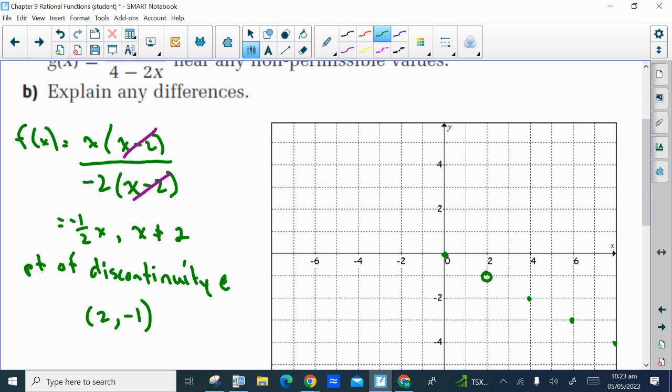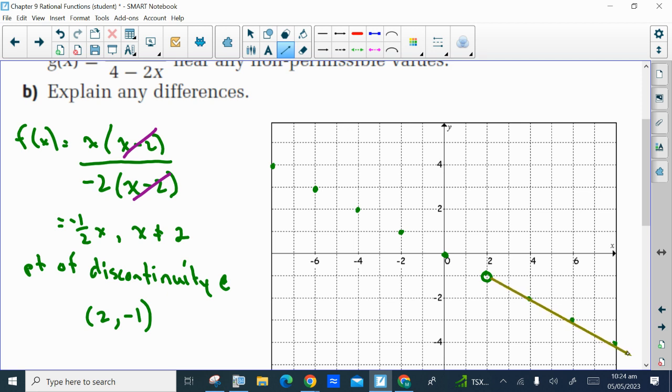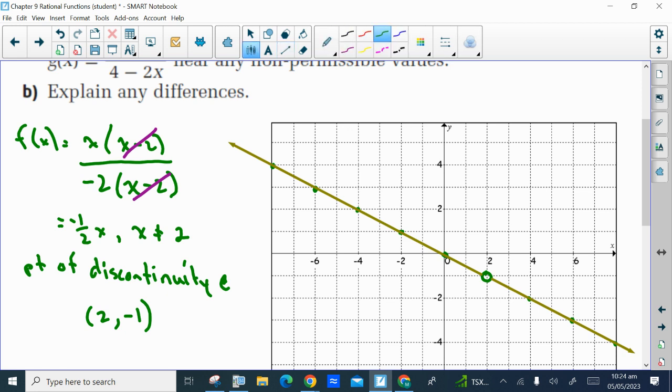We can also rise positive 1 and run negative 2, as well. So there's our graph. So that's the graph of f of x.